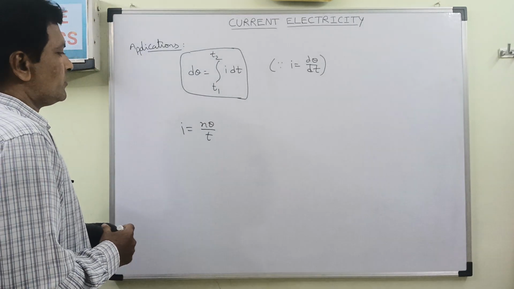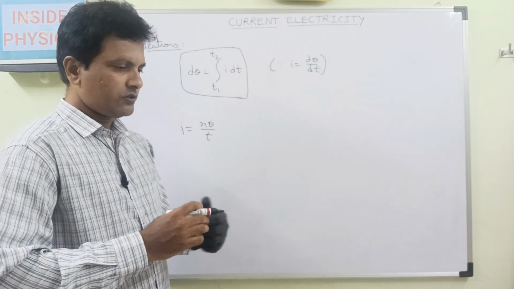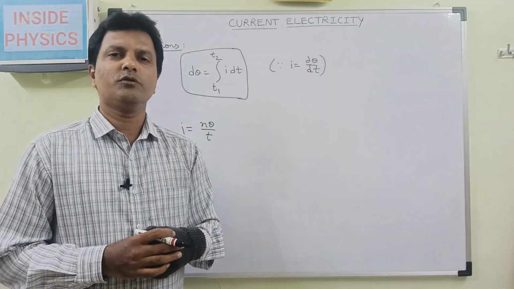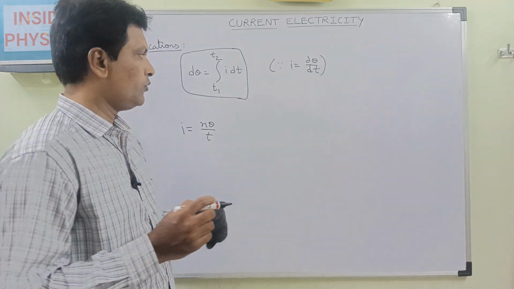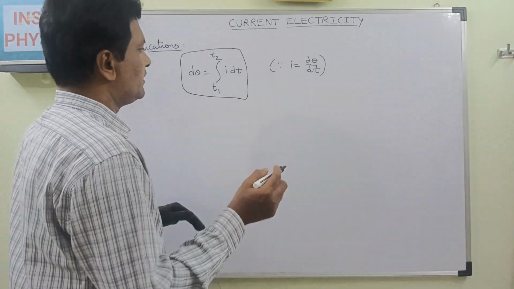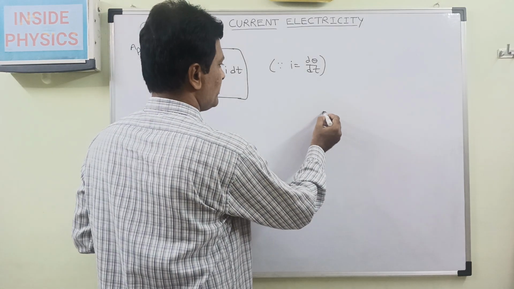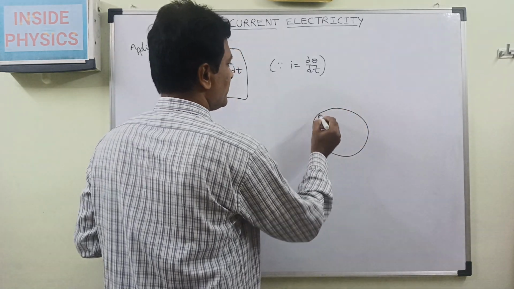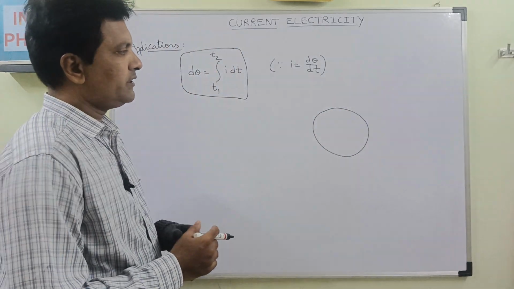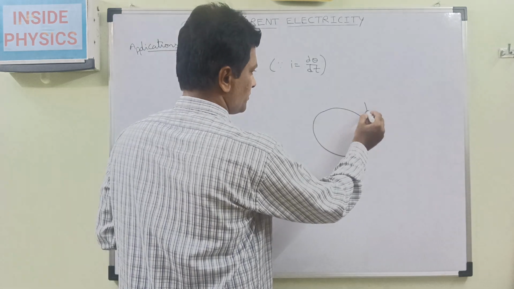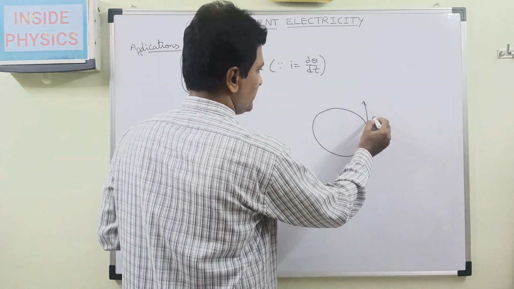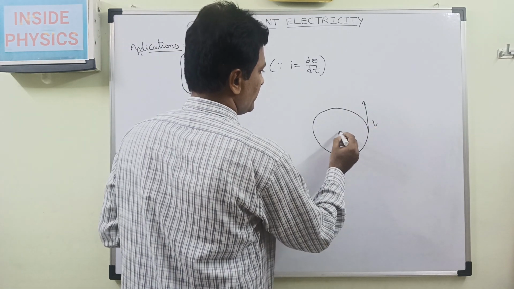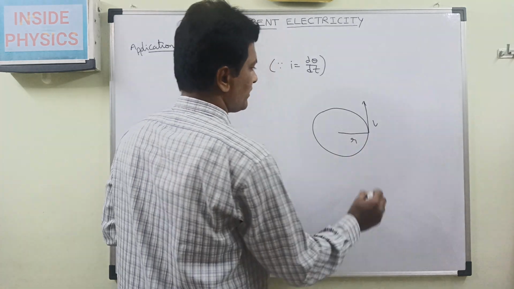In the next example, suppose a charge is revolving in a circular loop with a velocity v, and the radius of the circle is r.